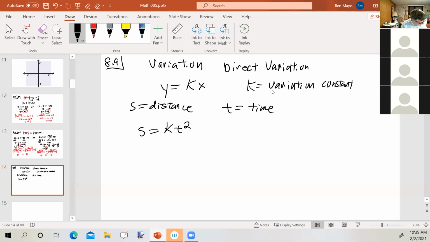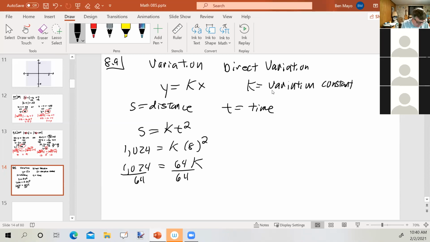Okay. Now, it says, if an object falls 1,024 feet in 8 seconds, so the distance would be 1,024 feet, the time would be 8 seconds. Notice that t was squared, so whatever I put in the place of t is still squared. This will allow me to determine k. 8 squared is 64, so now I'm going to divide both sides of the equation by 64.